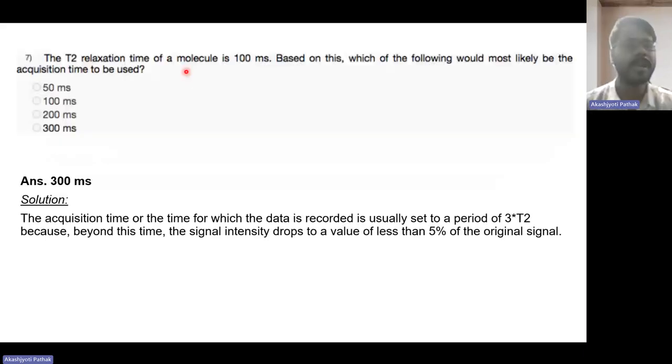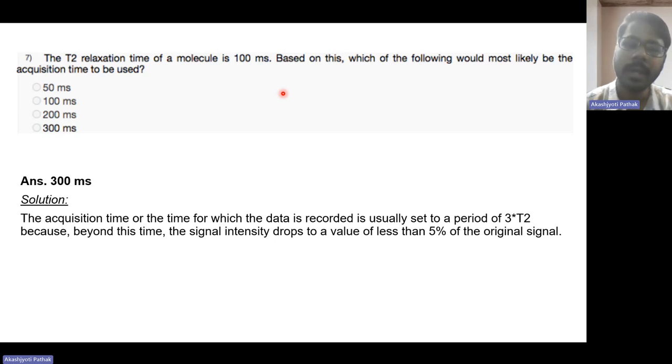Okay, we will try to complete this. The T2 relaxation time of a molecule is 100 millisecond. Based on this, which would most likely be the acquisition time to be used? So remember the acquisition time: the time period for data collection is not proceeded beyond 3 times the T2 relaxation of the nuclei. Okay, because beyond that point the signal intensity will decrease.